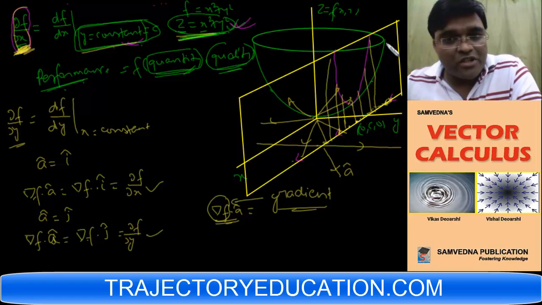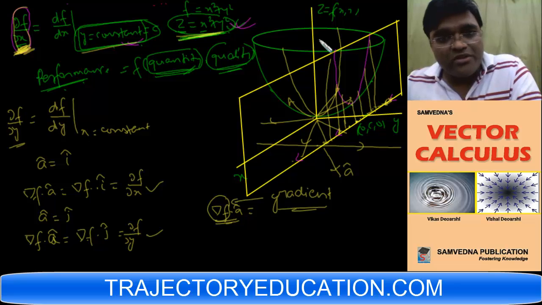Since this is a surface of revolution, it is a surface generated by revolving a parabola, say z equals x square. Z equals x square is this kind of parabola. When I rotate it about the z-axis, I get this particular surface. So I can say along every direction z is increasing with the same rate.